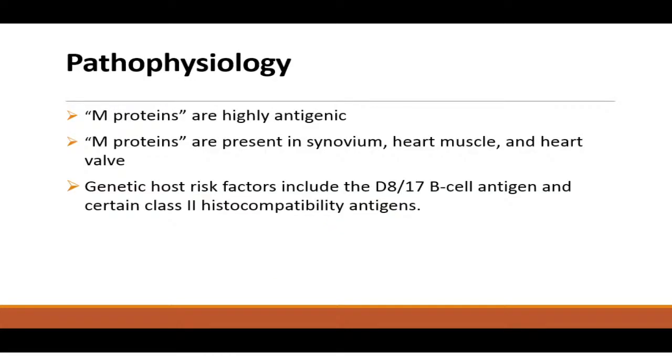As we said, M proteins are the most antigenic. The same M proteins are present in synovium, heart muscle, and heart valve. That's why we see these immune cross reactions.